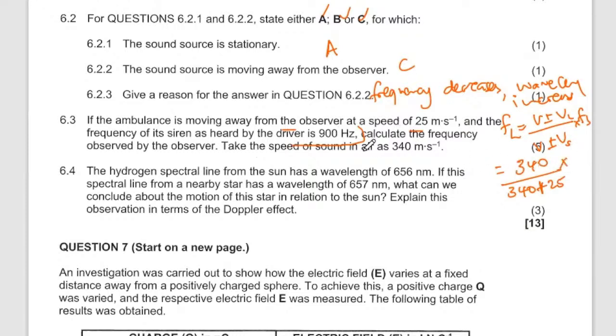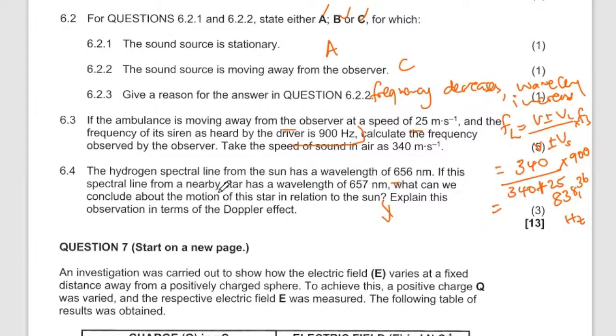Then multiply by the frequency of the source, which is 900. So 340 over 340 plus 25, times 900, we get 838.36 hertz.